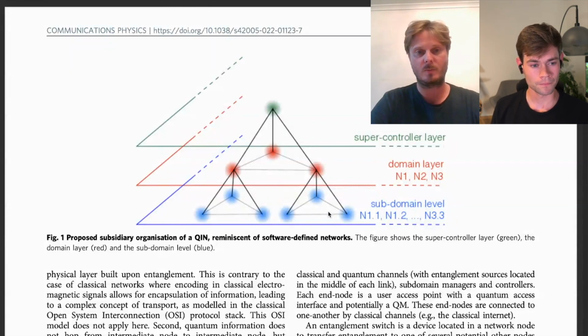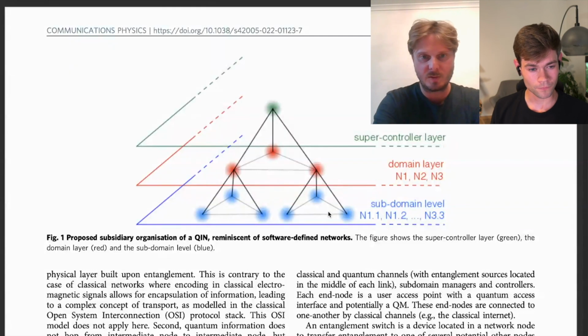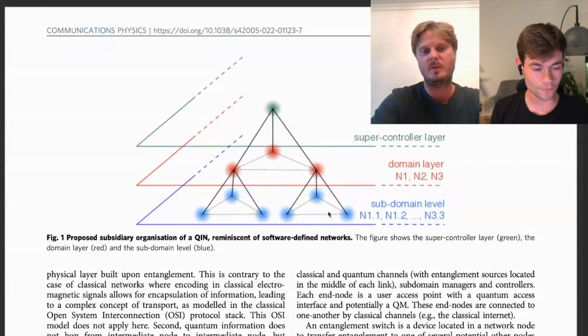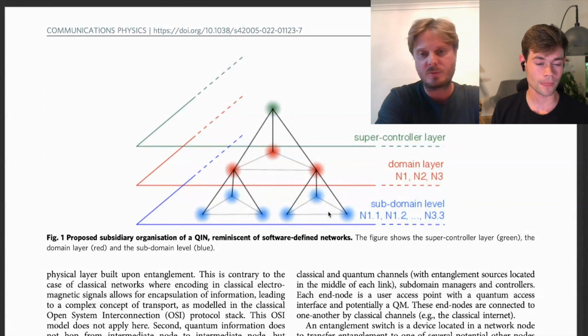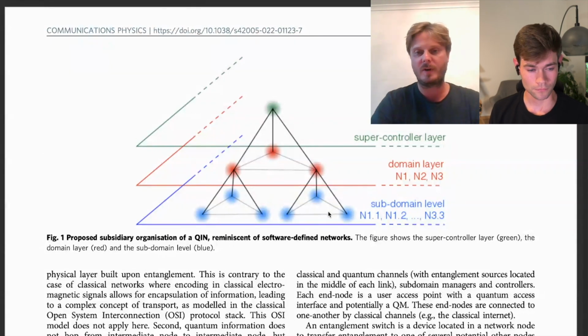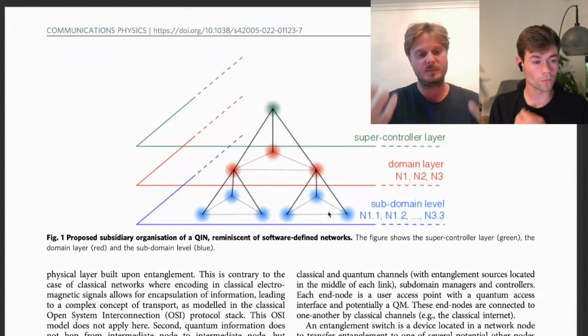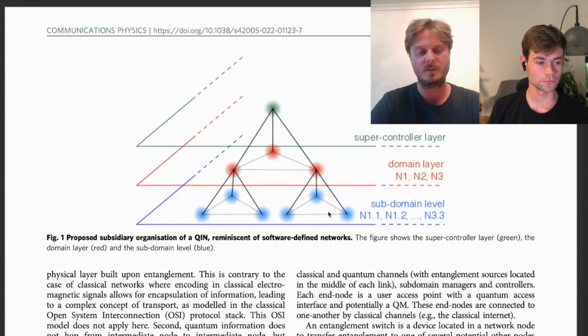Yeah. So what I can say is that for the subdomain levels, N1.1, if you take the lower layer, you can think that it could be different countries managed by different companies or network providers, and these networks could involve satellites or not. But here we suppose that the satellite is coupled to all the ground networks.